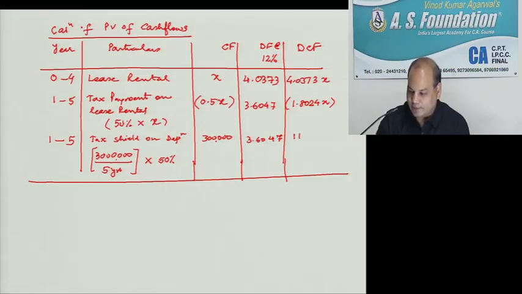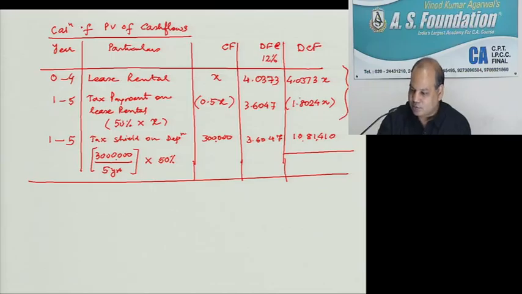10 lakh something? 1081 410 approximately, no problem. Take this total. First you take the net effect of these two numbers.